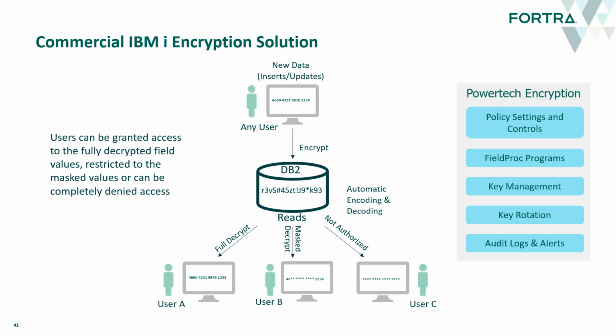So being able to show enough for it to work for the end user that needs to see it. And then the public, who's not authorized to see that data at all. So using the commercial solution, you're going to be able to have that flexibility of only showing the view of the data that's appropriate, regardless of how that person is accessing the data.